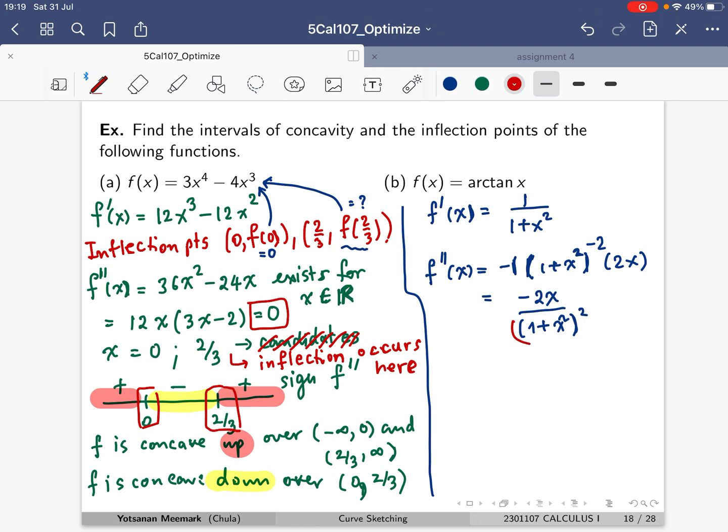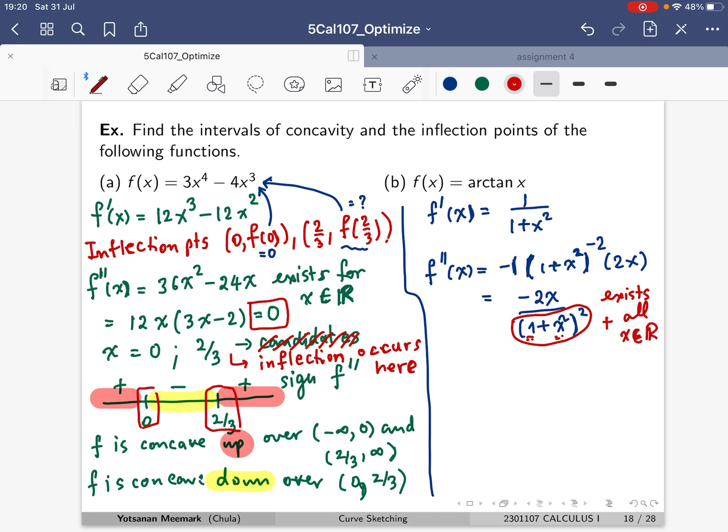So don't forget that this one is always positive, and no matter what your x is, the bottom is non-zero, because you have 1 plus x squared. So it means that your f double prime exists for each and every x in the real numbers.